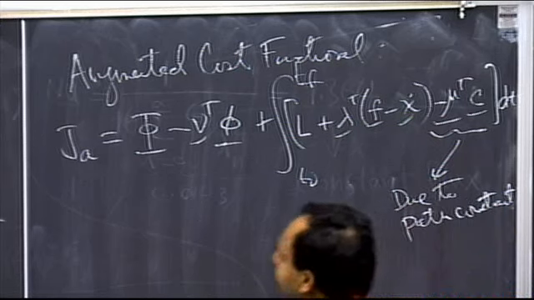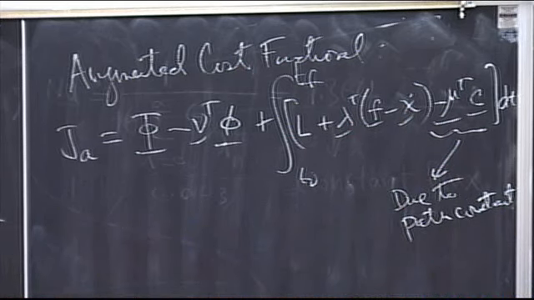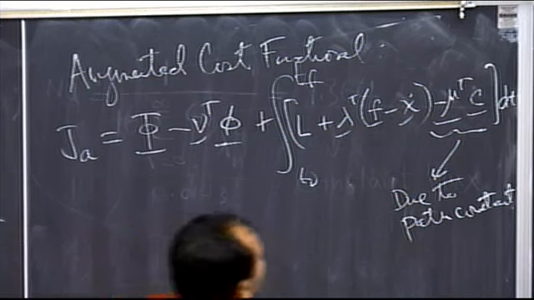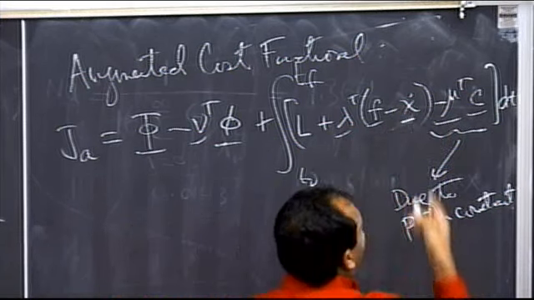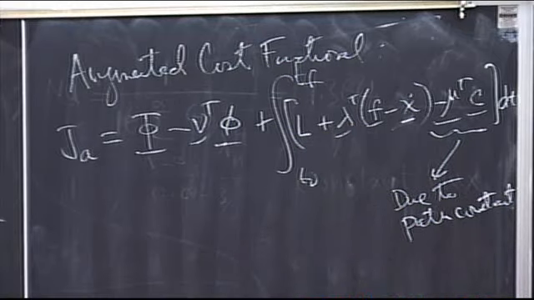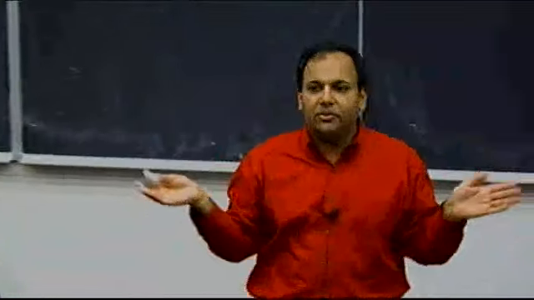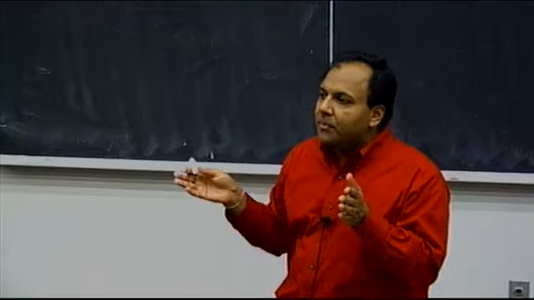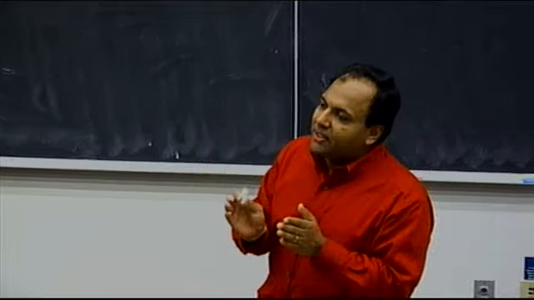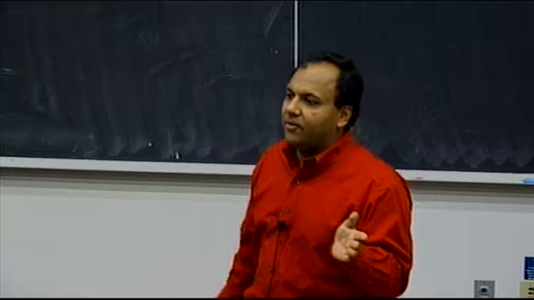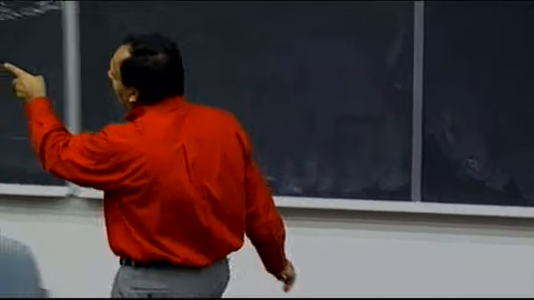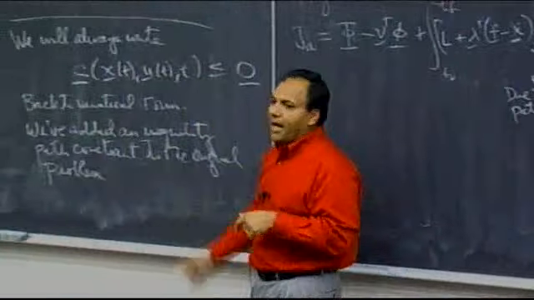Now, the problem with this path constraint is, unlike the dynamic constraint, which is an equality constraint, right? F minus x dot has to equal 0 along the entire trajectory. So as a result, that path constraint is active everywhere. It has to be active everywhere, right? But this constraint here doesn't necessarily have to be active everywhere, right?